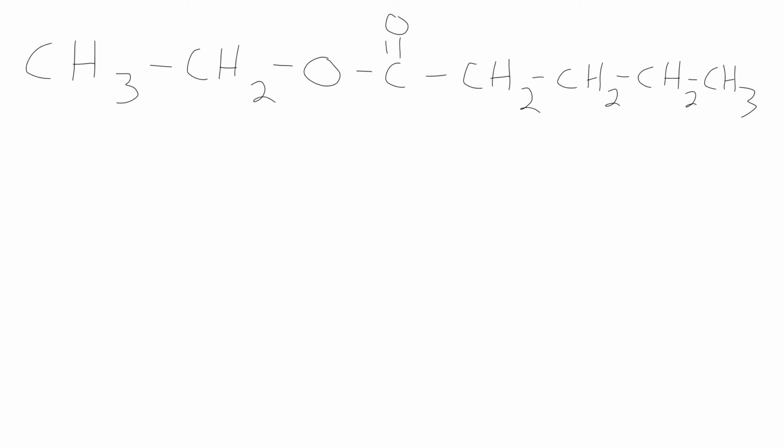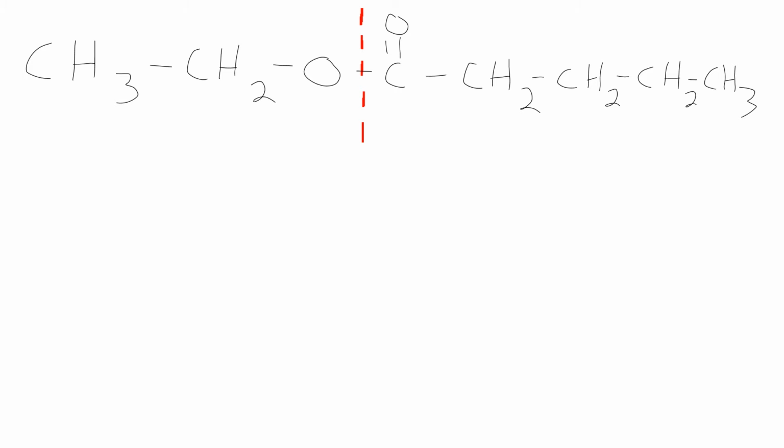What is that carboxylic acid side? What is that alcohol side? And the bond you're always going to look at is this bond that I'm putting the dashed red line on here. It's always going to be this bond between the carbon and the single bond oxygen. That's going to divide the molecule into the two parts.